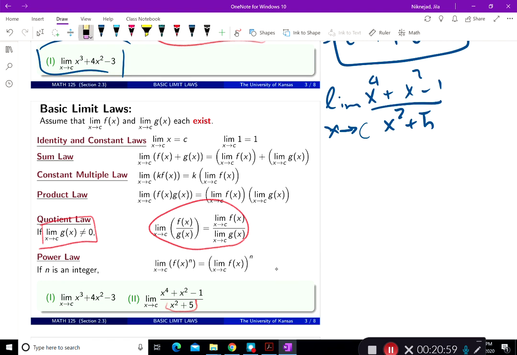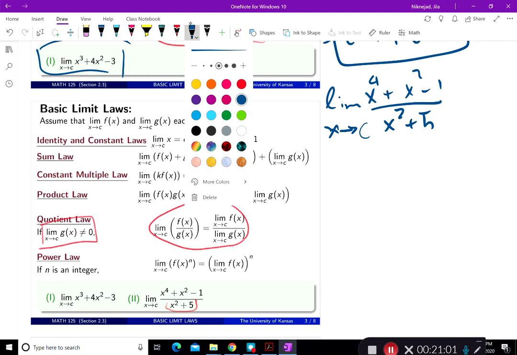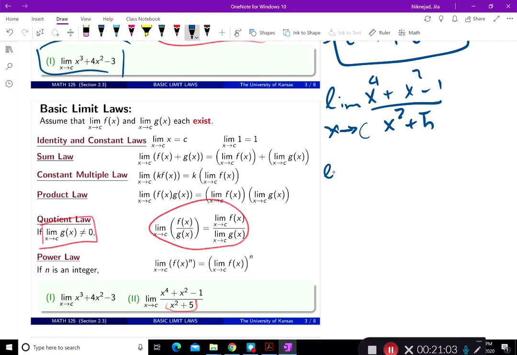I'm going to separate things into the limit of the top as x approaches c over the limit of the bottom.